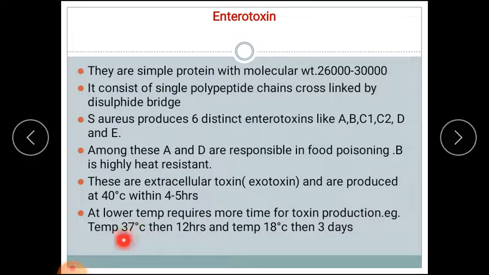For example, if the temperature in the food is 37 degrees Celsius, the toxin is produced by the organism within 12 hours. And if the temperature is 18 degrees Celsius, then within 3 days the toxin is produced. Means as we decrease the temperature, the time required for the production of enterotoxin is more.